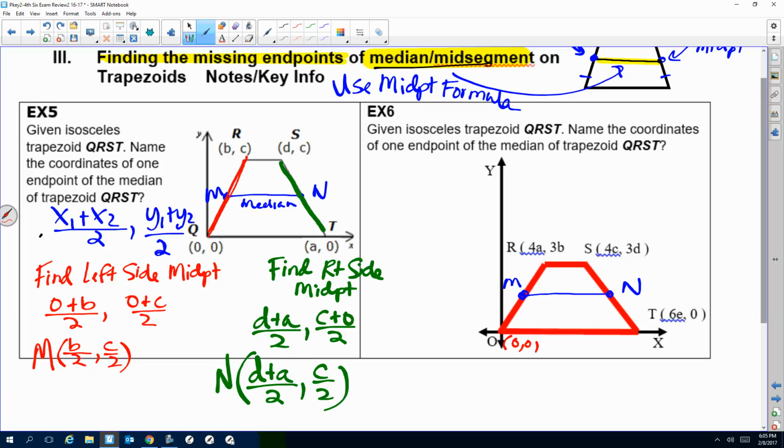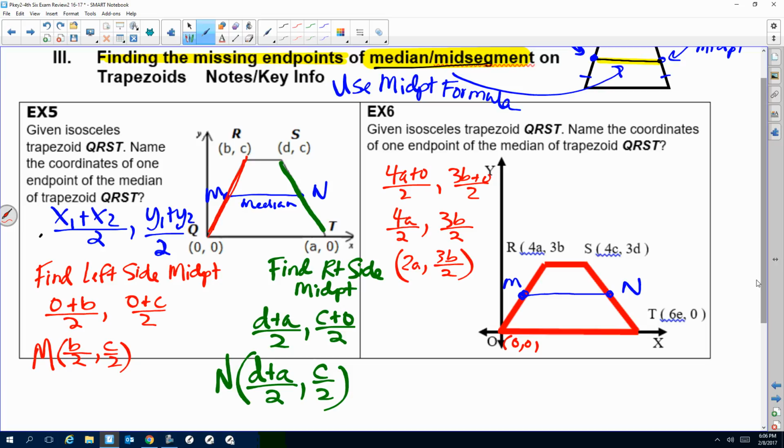Adding up the x coordinates, this would be 4a plus 0 over 2, and 3b plus 0 over 2. Well, we get 4a over 2 and 3b over 2. 4a divided by 2, I can simplify that to just 2a. And then 3b would have to stay over 2 because 2 cannot go into 3.